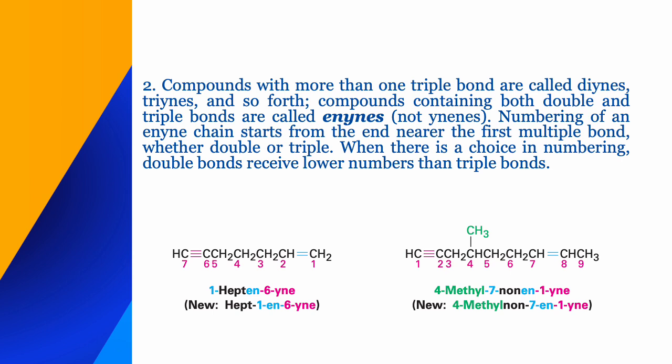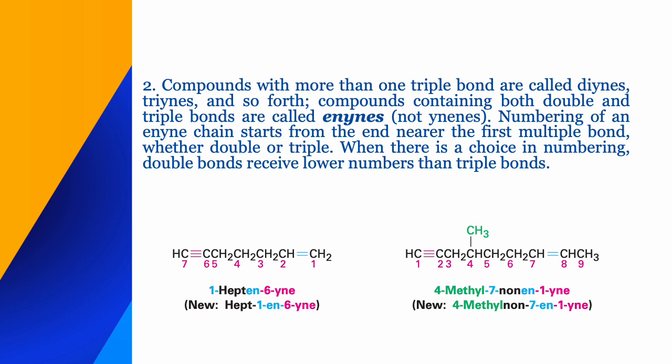So as mentioned in the rule, if there are choices in numbering, double bonds receive lower numbers than the triple bond. So in this case, the double bond appears in carbon 1, between carbon 1 and carbon 2.